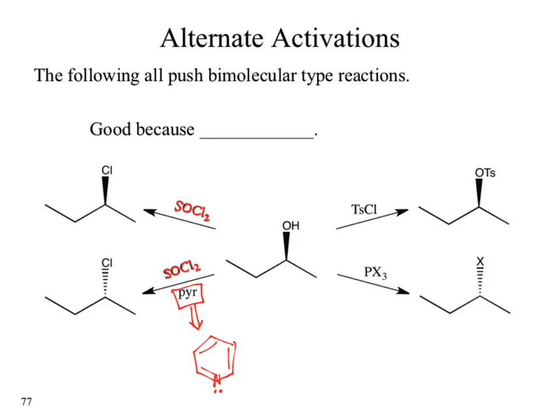Why might retention be weird? What does retention mean? The leaving group left and the nucleophile came in. Where did the nucleophile come in? If it came in from the backside, I would get inversion in stereochemistry. It had to come in from the same side. But what does the leaving group leave with?